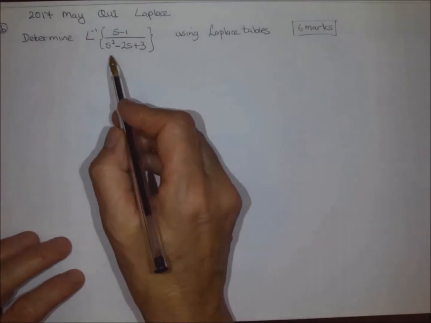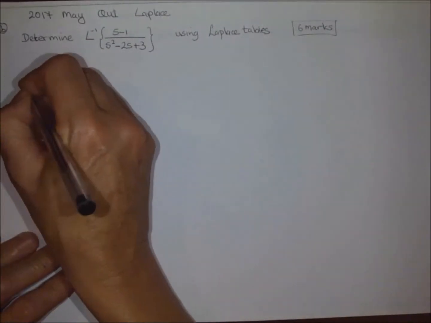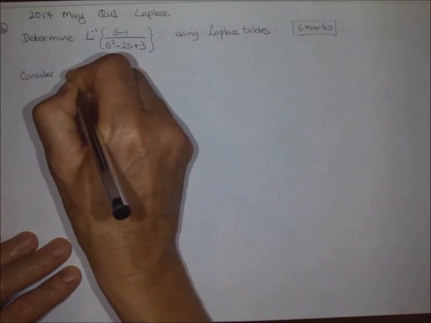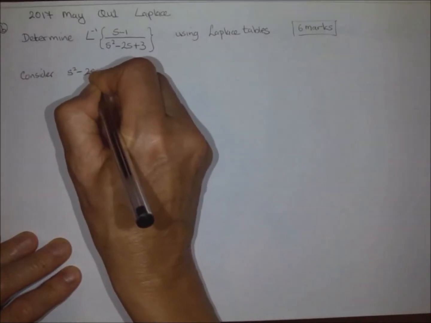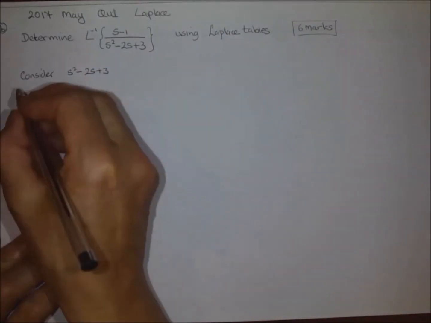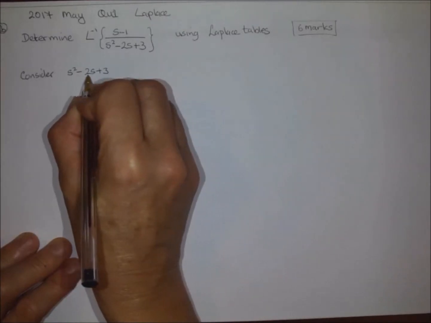First of all, I want this to look like some sort of square underneath. So we'll take the bottom part and consider s squared minus 2s plus 3. We have to change it some ways. So what you do is look at the square. You take this number that's in front of the s, and you divide it by 2.